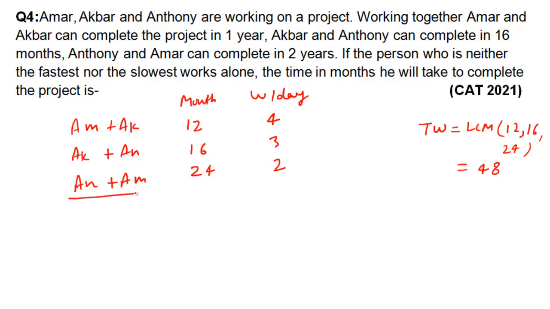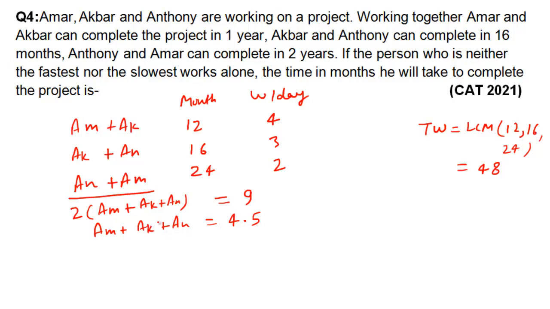So if we add all these three equations, we will get 2 multiplied by Amar plus Akbar plus Anthony, that means 2 multiplied by work done by Amar plus Akbar plus Anthony in a single day. So that will be 4 plus 3 plus 2, that is 9. So it means Amar plus Akbar plus Anthony, all of them are doing 4.5 work per day, right?